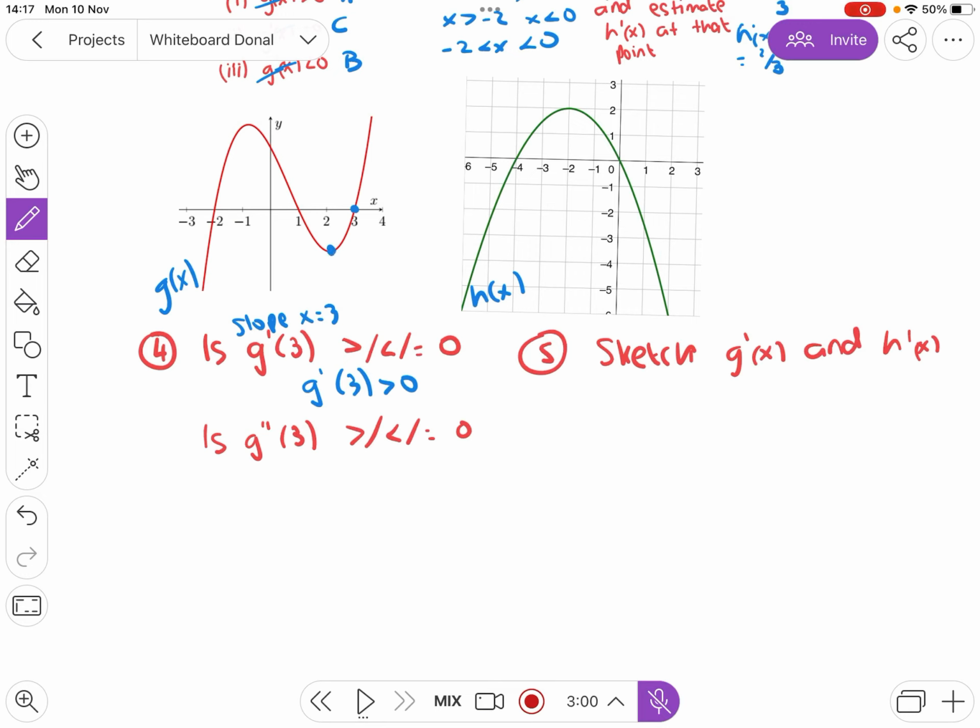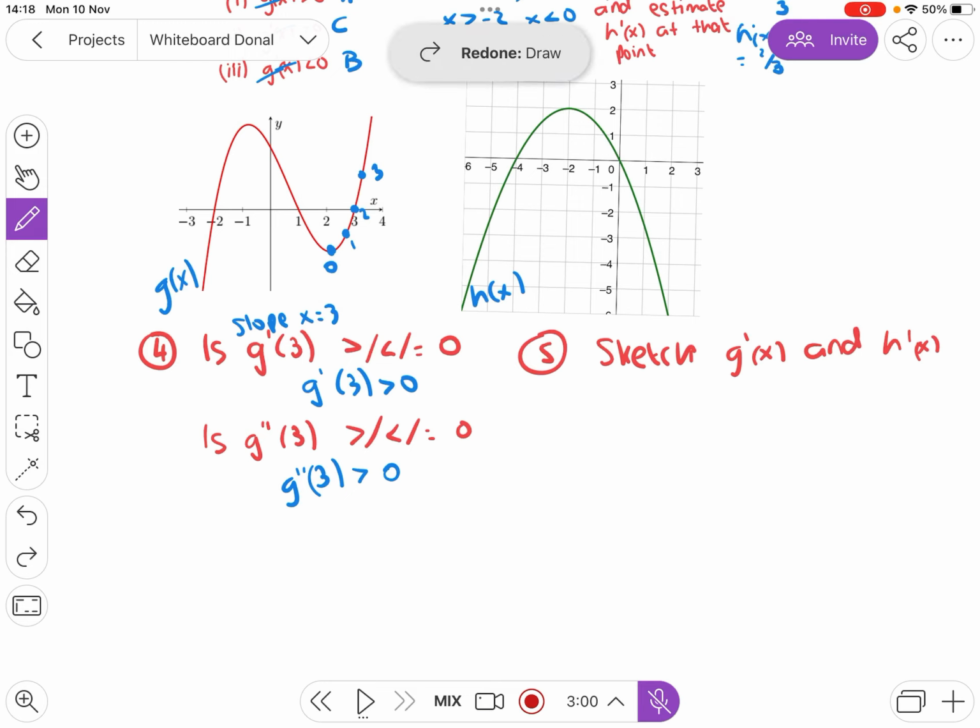So I can see here that we would have had a slope of 0 at this point. Now my slope has gone positive, so it might be like a 1, a 2, a 3. So I can see now that the rate of change of my slope is increasing. So in that case, my second differentiate at x equals 3 will also be greater than 0 because these numbers are increasing. It's getting steeper.